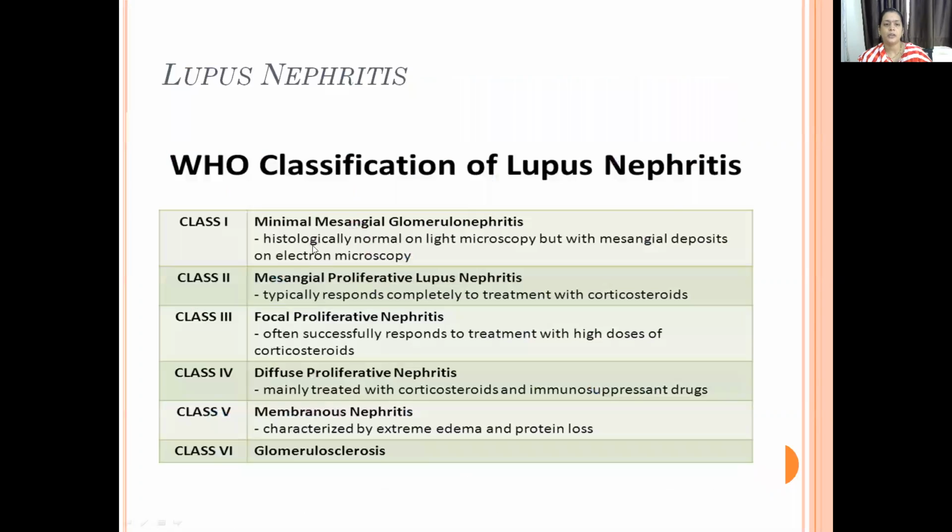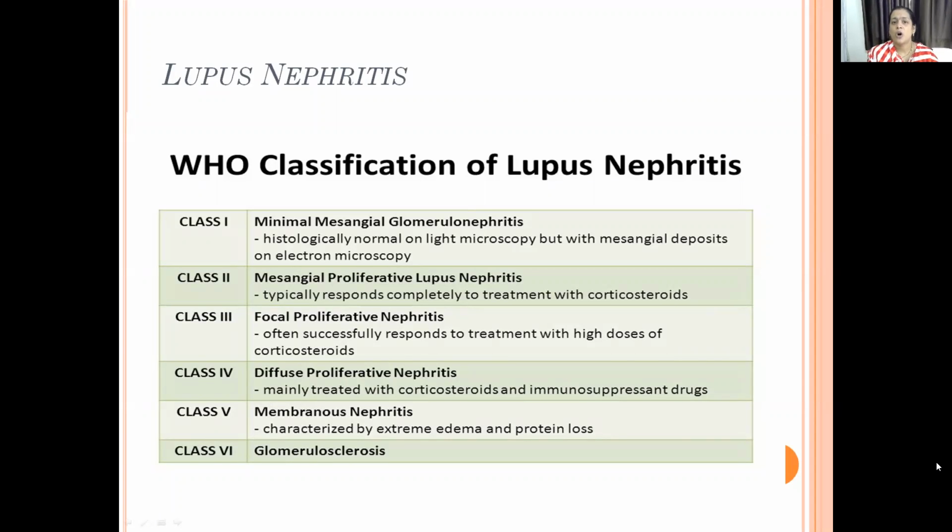in this picture. Okay. So now coming to lupus nephritis. Lupus nephritis, as you know, is a disease which is seen maybe after 5 to 6 years of the diagnosis of systemic lupus erythematosus. Systemic lupus erythematosus is usually an autoimmune disease where there is loss of self-tolerance with activation of the self-reactive T cells and B cells.